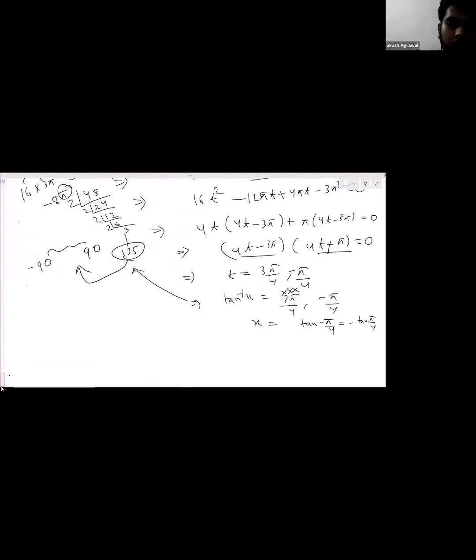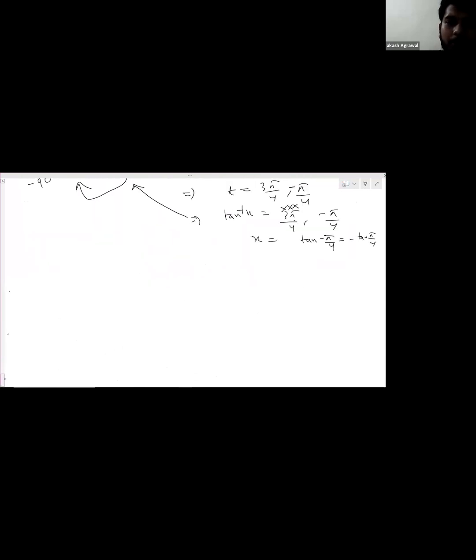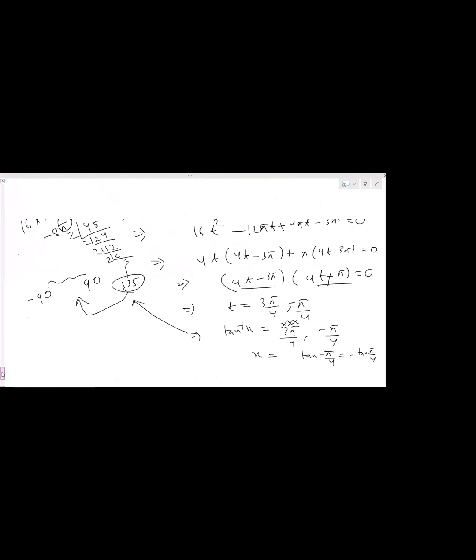So these are the lengthy questions you will face, but the approach was simple. Quadratic formula, this type of thing will be used. But is it clear? Yes, sir. Do you want to note it down? Please note it down.